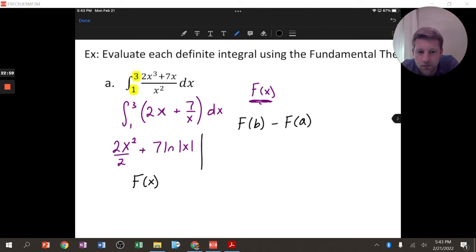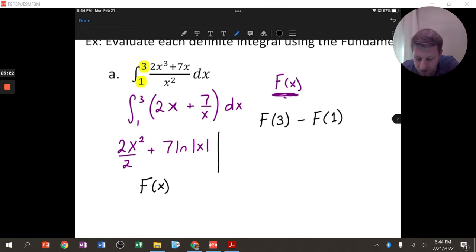But I know my B and my A now, so let's replace those. B, we go here, is going to be the 3, and A is 1. So what we're actually calculating here is going to be capital F of 3 minus capital F of 1, and I've just found my antiderivative.